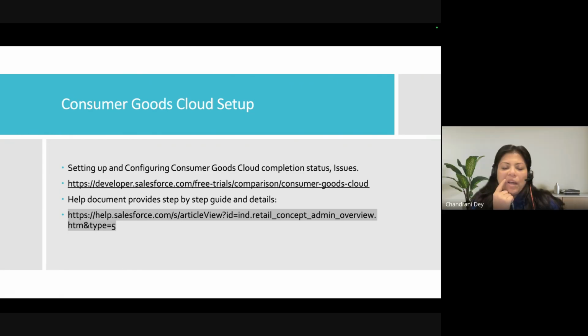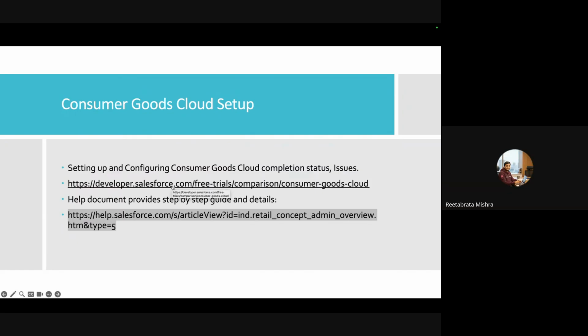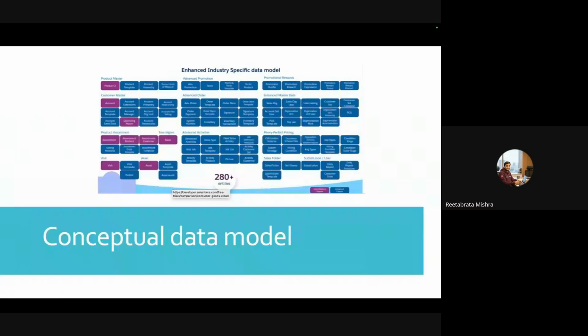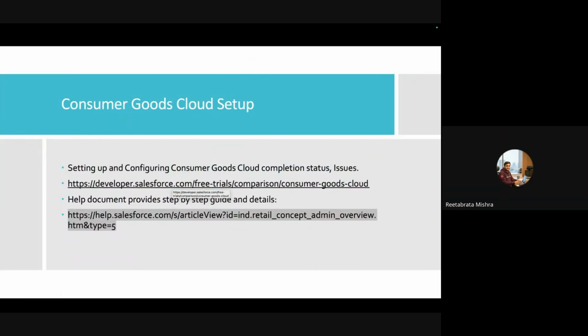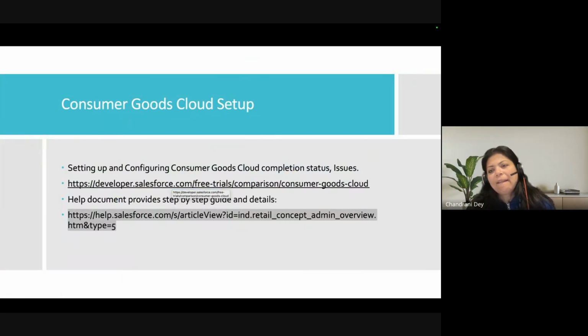Okay, whoever is there in the training, how many of you have set up the CG Cloud from the trial? I did, but I tried yesterday and waited for the last 2 hours, and the link was not activated in my email.